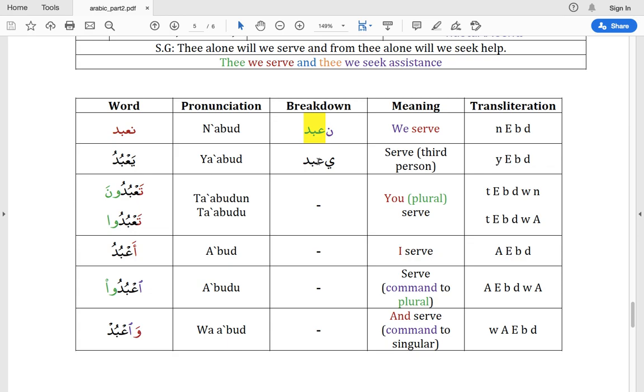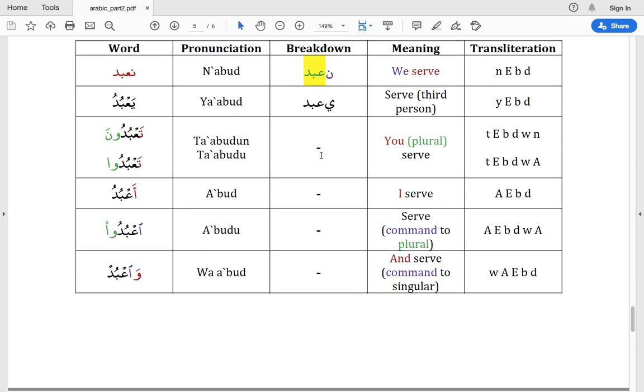The default, if you want to call it, is like in English we have man. If it's just the word man, it means we're referring to it in the third person. It's the same here. If it's ya'budu, it means he served, third person, serve. We'll get into more of how third person, first person, and second person work, but this is the simplest rendering, ya'budu.